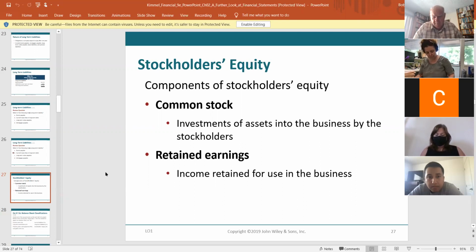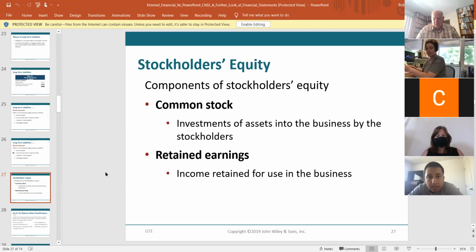It's where a company takes its income every month, zeroes it out, and moves it to equity via the component called retained earnings. Another way to explain it: you start a business on January 1st, 2010, say. By definition, you had no retained earnings because you had no profit yet.